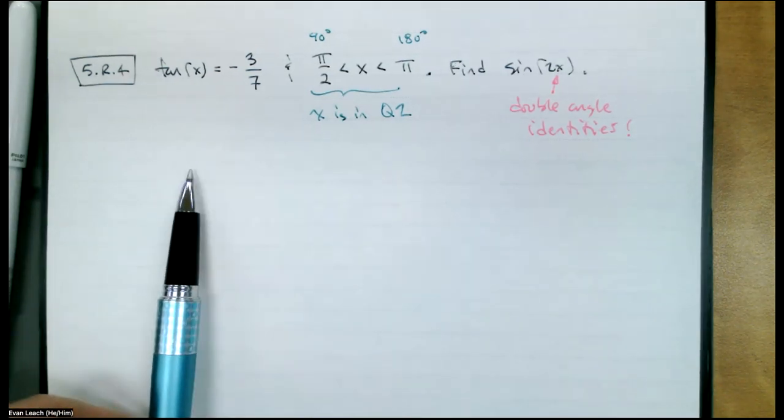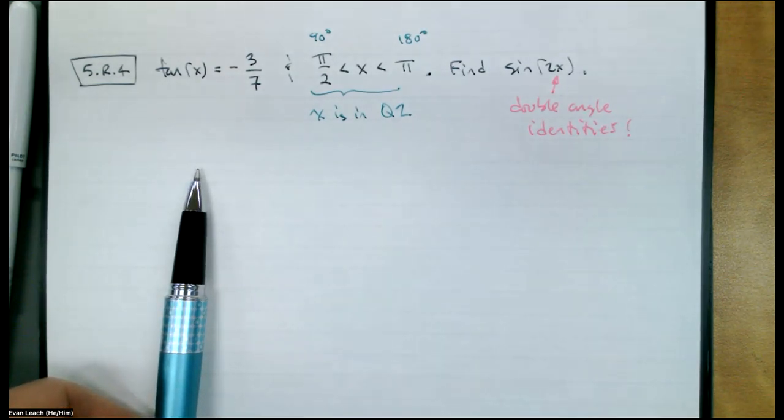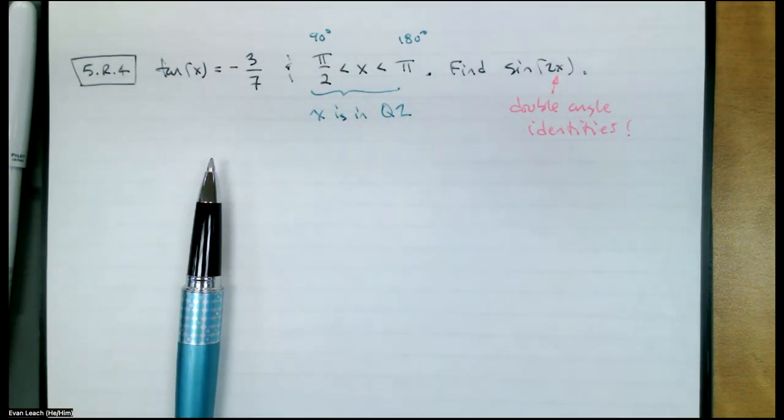We could use that to figure out secant. Which one does secant get us, though? If we take the secant and flip it over, what does that give us?